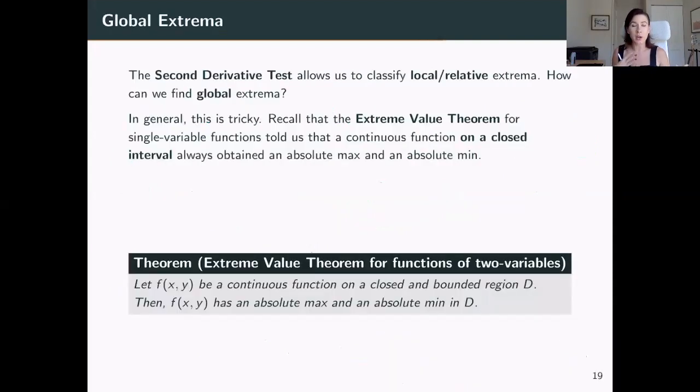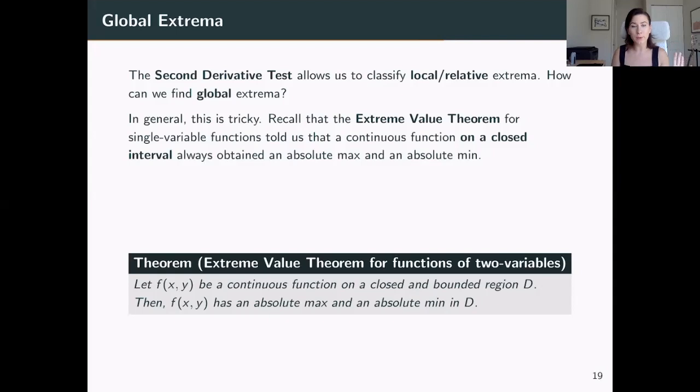So we now know how to find local extrema. And we determined in that very first example that our given critical point resulted in a global extrema, but generally this is really tricky to do and requires a bit more depth in order to understand how and whether or not a given point is a global extrema.